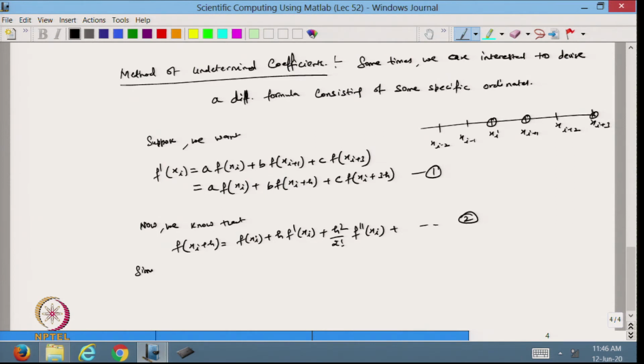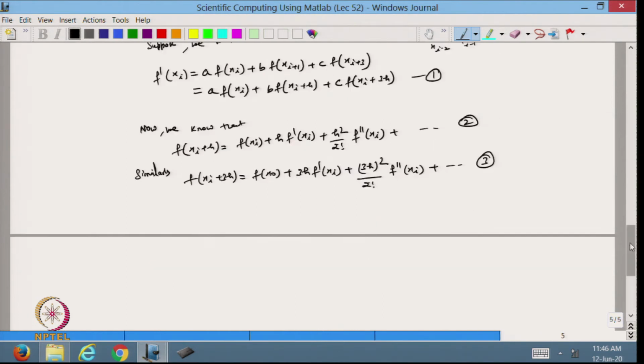Similarly, f at xi plus 3h can be written as 3h f' xi and so on, this one. Now substitute equations 2 and 3 in 1.